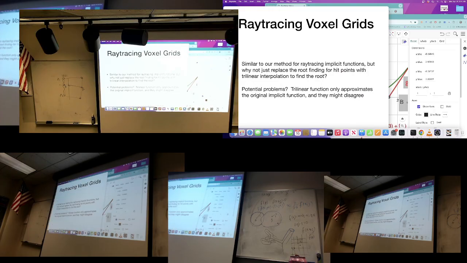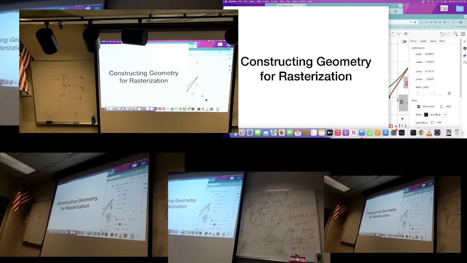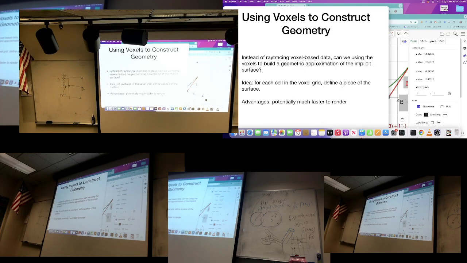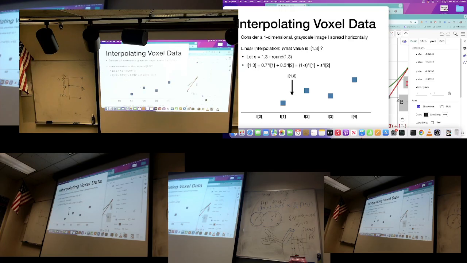But you can now ask for a bit better. Based on these functions that I created, I can do the linear interpolation and do the ray tracing, etc. But I want the skin of the surface. Can I use the voxels to generate the skin directly?